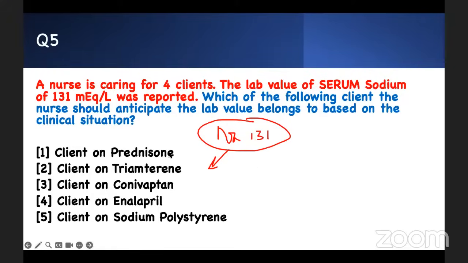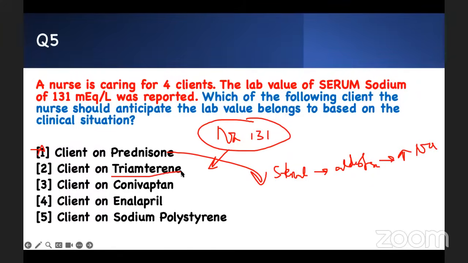What is prednisone? This is a steroid. And if you know your endocrine, you know steroids are related to aldosterone. And aldosterone loves sodium. So your sodium is high. There's no way chronic use of steroids will cause that. Do you recognize this?